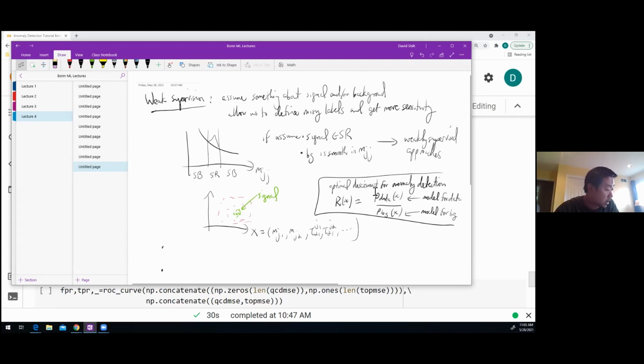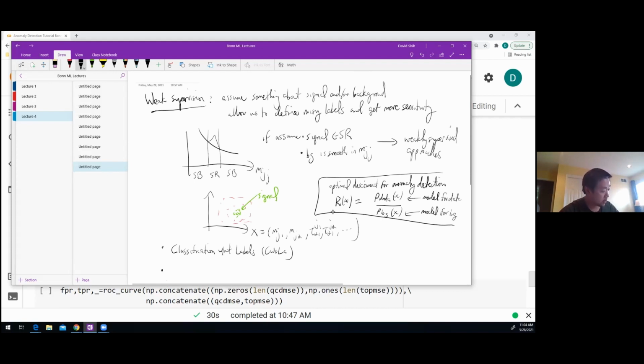Okay, so there are at least two, there are more than two, but I want to tell you about, at least sketch, two approaches for how to get this likelihood ratio. One approach is called classification without labels, which has the abbreviation CWoLa, or koala.